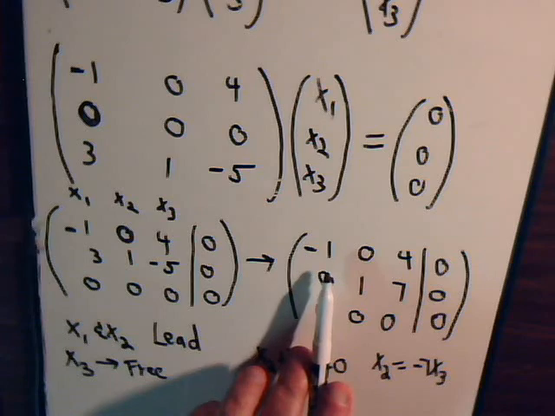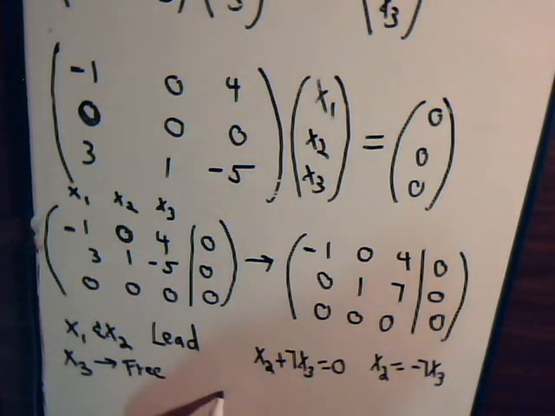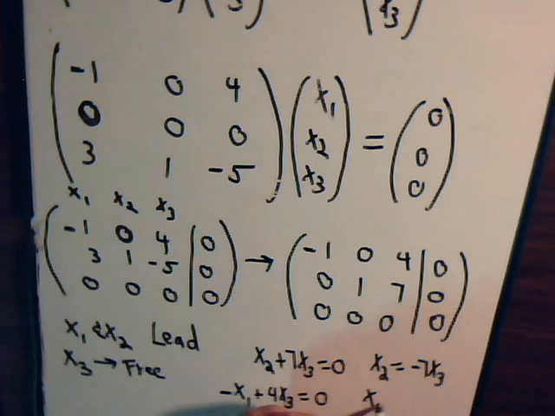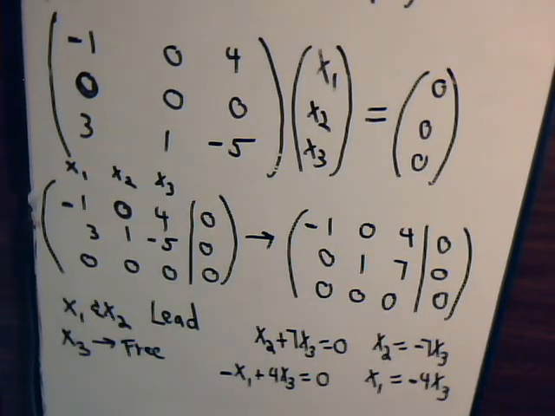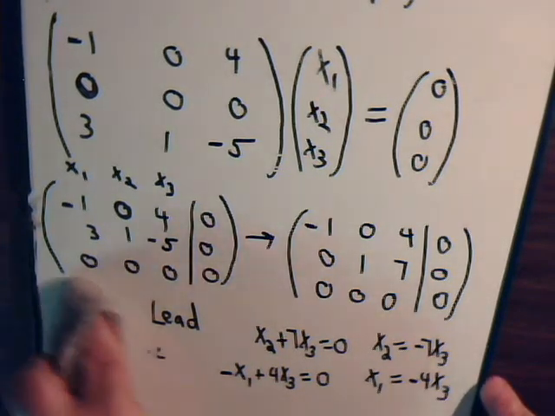And from the top part we have minus x1 plus 4 times x3 equals 0, so x1 equals minus 4x3. And that's all we can say about them in terms of specificity, because x3 can take on any value that we want it to.